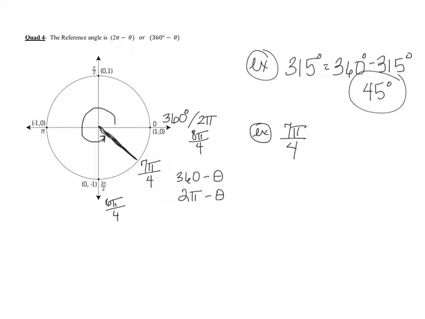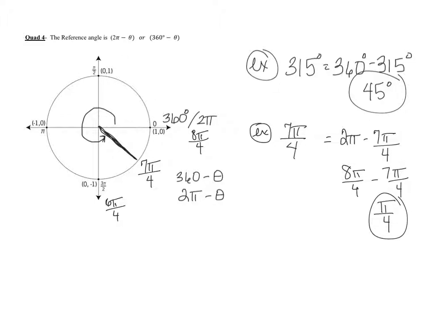The way we can find this is, if we went the whole rotation, which would be 2 pi, and you subtract off the angle 7 pi over 4, whatever's left over should be your reference angle. If we convert 2 pi to a common denominator, it's 8 pi over 4. So 8 pi over 4 minus 7 pi over 4 is 1 pi over 4. Our reference angle is pi over 4. And so right here, this is my reference angle, and we can say this is pi over 4.